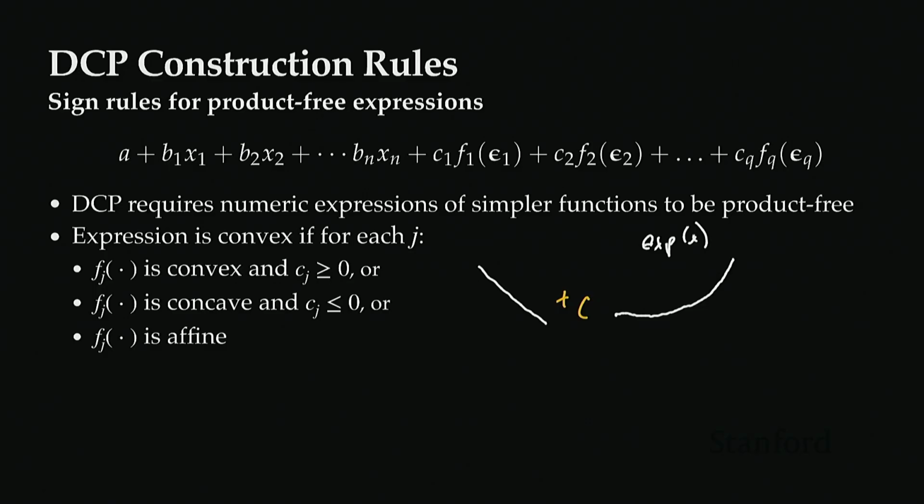Yeah, positive. If it's positive, then this thing ends up looking like this, and the resulting thing is convex. That's all this rule is saying: when you sum together things that are convex, you preserve convexity. When you sum together things that are concave, you preserve concavity.